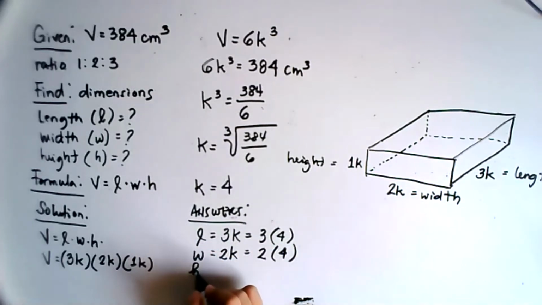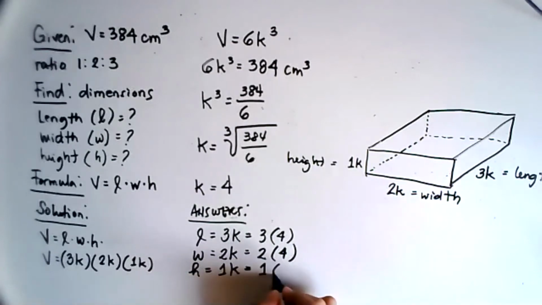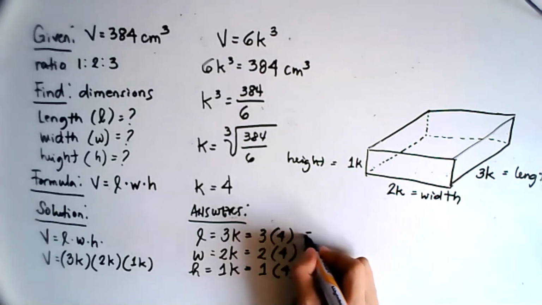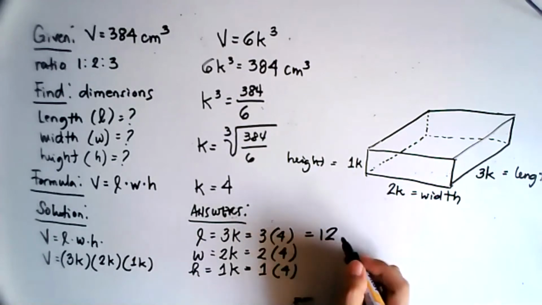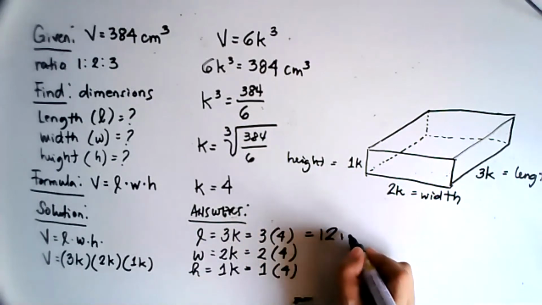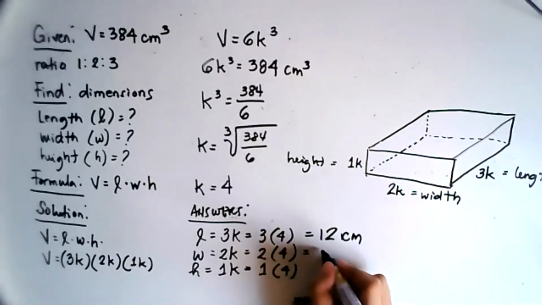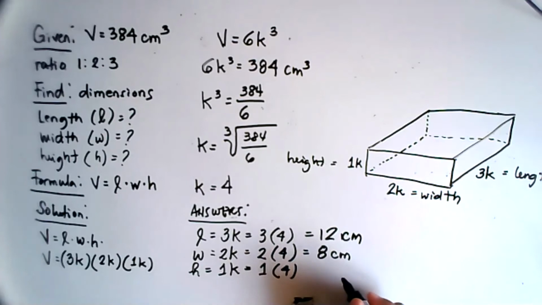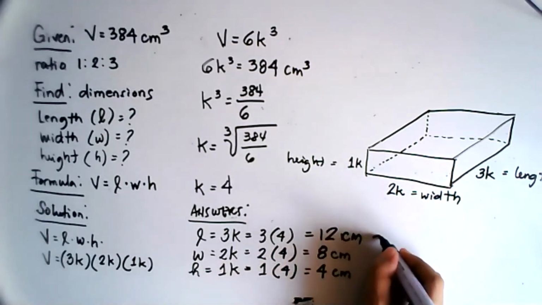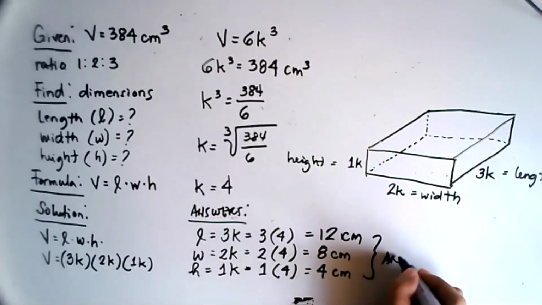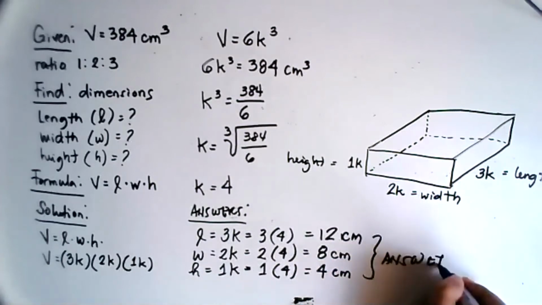And the height is 1 times K, or 1 times 4. So that would mean the length is 12 centimeters, the width is 8 centimeters, and the height is 4 centimeters. And these are our answers.